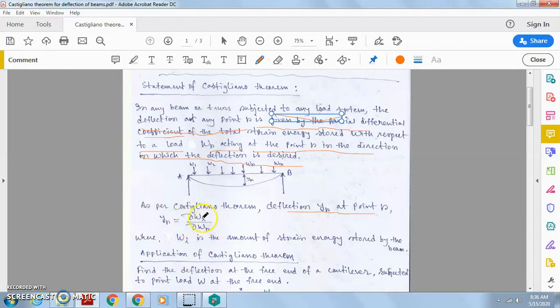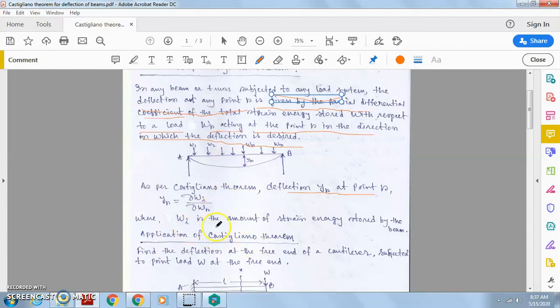So YR equals del of Wi divided by del of WR, where Wi is the amount of strain energy stored by the beam.